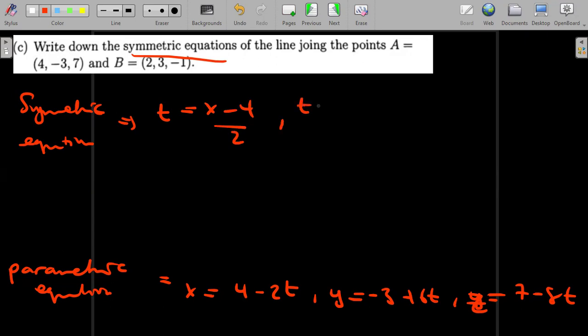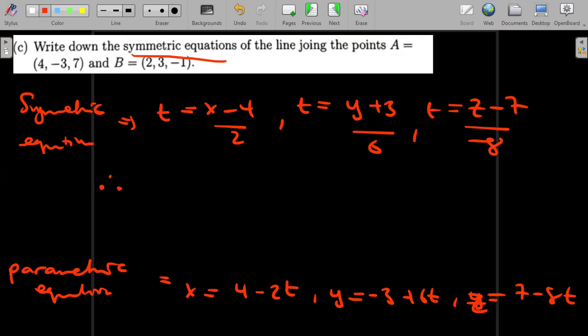Then t is equal to y plus 3 over 6. Then t is equal to z minus 7 over negative 8.